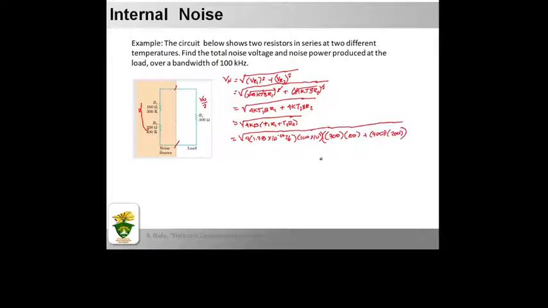So what is the value? Using our calculator, we calculate these values. What we have here is 779 nanovolts.